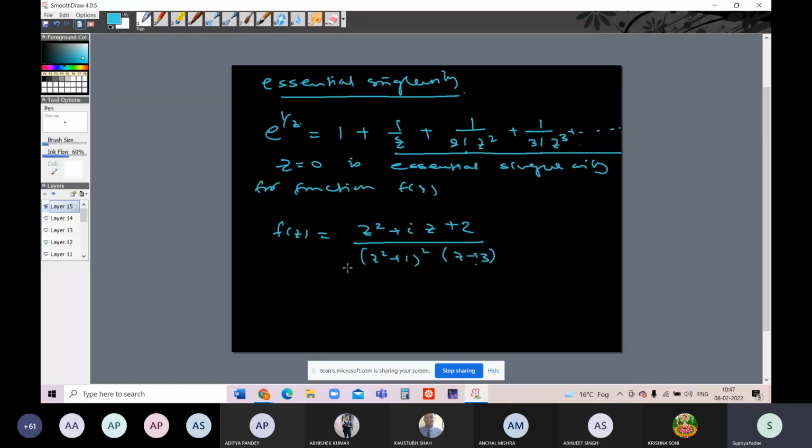Since it is again a rational function, the singular points are given by taking the denominator equal to 0.